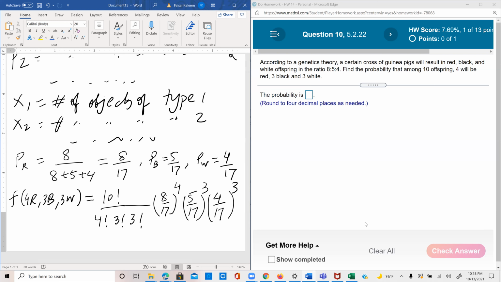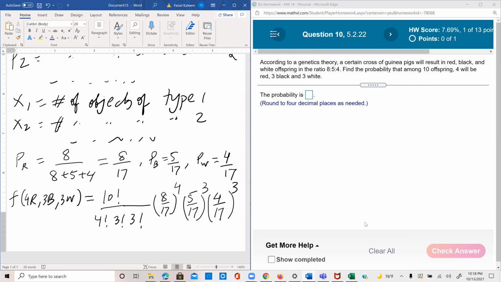So let's multiply all this out. 10 factorial divided by 4 factorial, which is 24, and 3 factorial is 6, and 6.